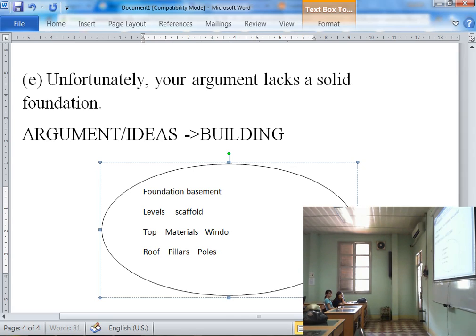It has windows. Right? What else? It has structure. What else? It has things like glass, like steel. Right? It has what else? The core. Yeah. It has what else? Decoration. Right? All of those things.